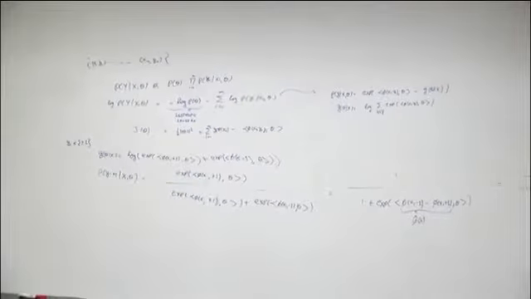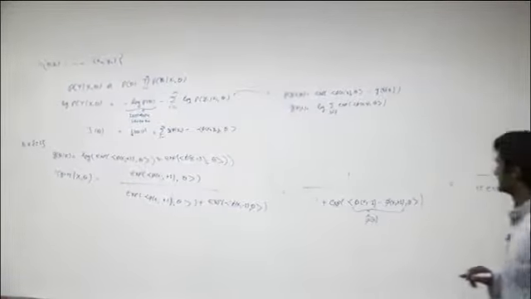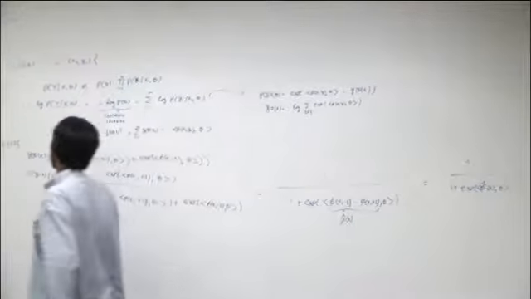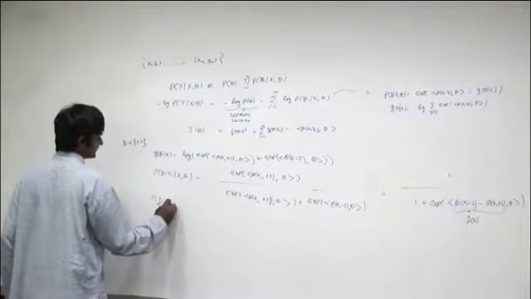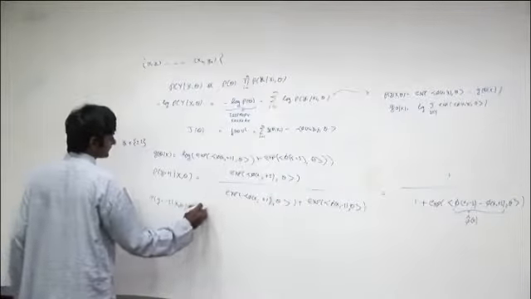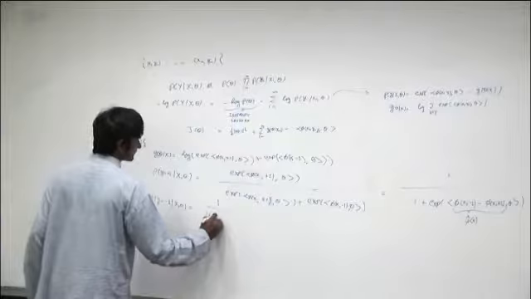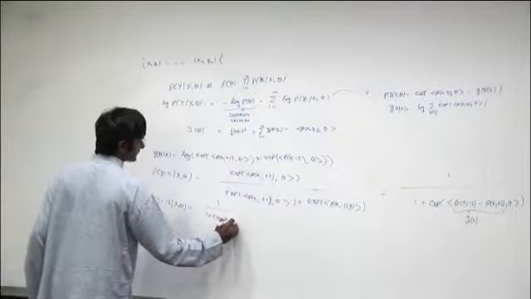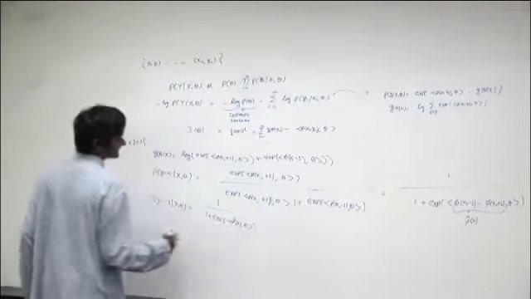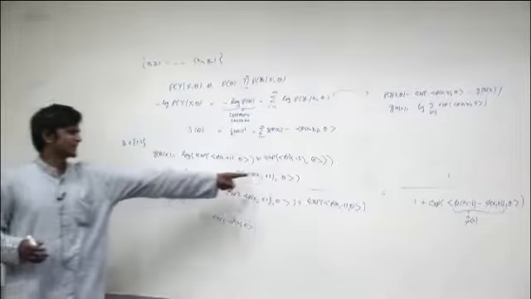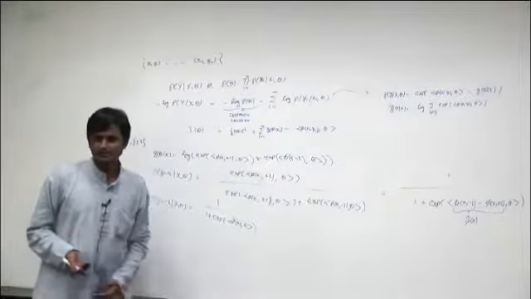In fact, you can verify for yourself. This is not hard to do. You can verify that p of y equals -1 conditioned on x and theta can be written as 1 over 1 plus exp of minus phi hat of x times theta. You just have -1 here, divide by -1, and you'll get exactly the same thing.